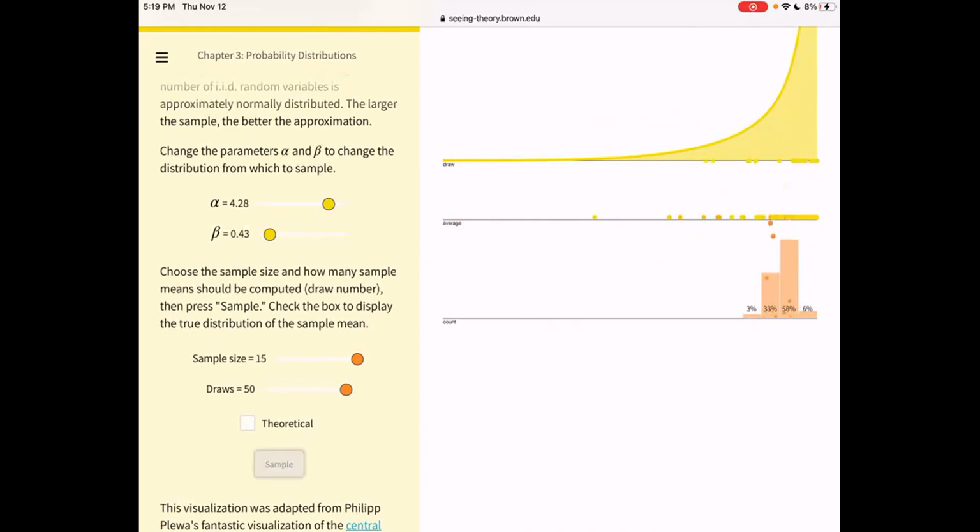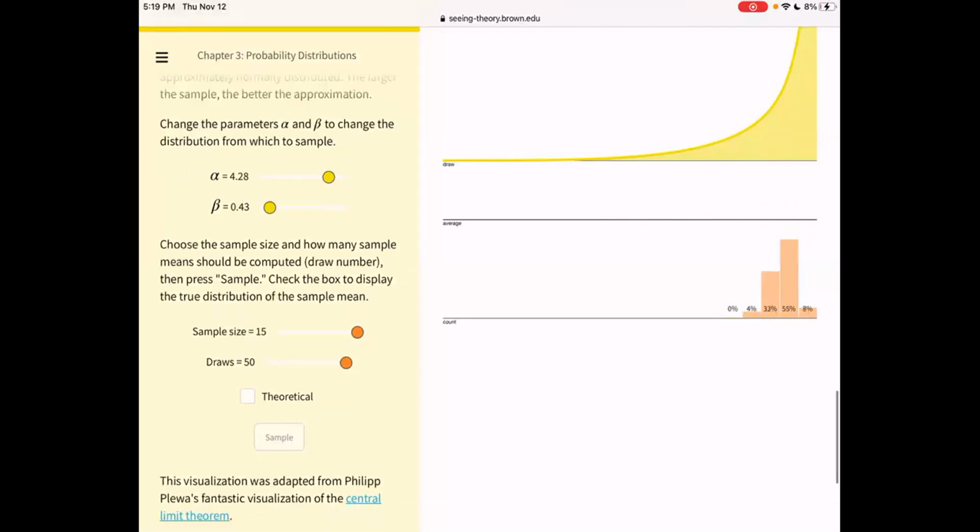Maybe it doesn't even ever, but it will start to look like a bell curve if you had the bins set up correctly and you took a large enough sample size. And it's a bell curve all the way pushed to the right. But when it gets skinny enough, you can kind of imagine the part to the right. Let's see if we can do the theoretical. Yeah, so it'll start to look like that. That's the idea.